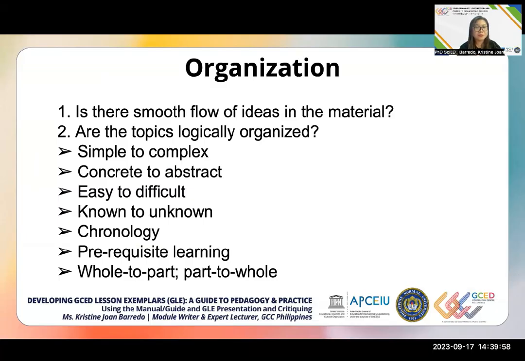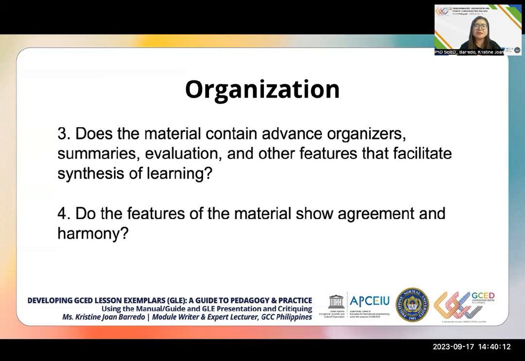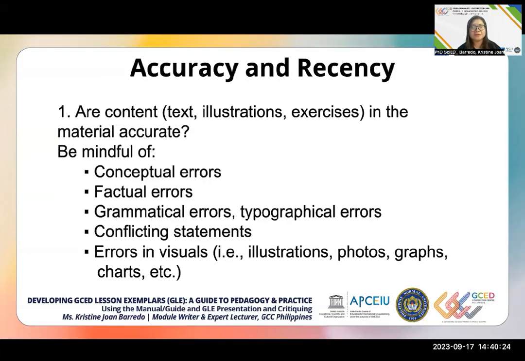It should be simple to complex, concrete to abstract, easy to difficult, known to unknown, chronology, the prerequisite in learning, and whole to part or part to whole. Does the material contain advanced organizers, summaries, evaluation, and other features that facilitate synthesis of learning? And do the features of the material show agreement and harmony?